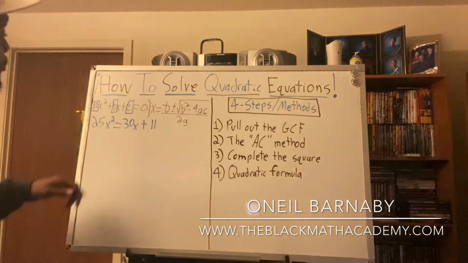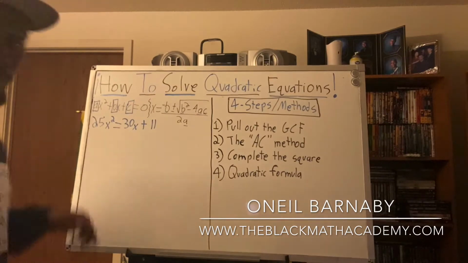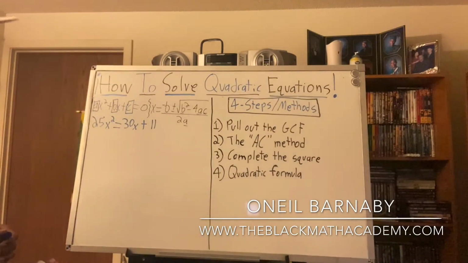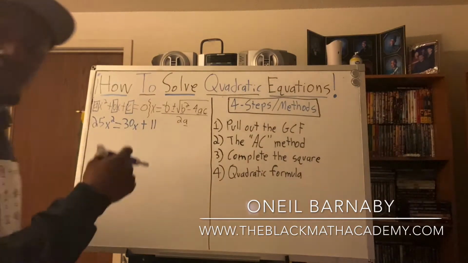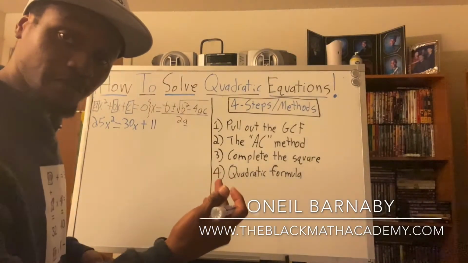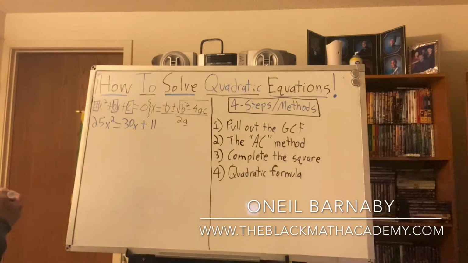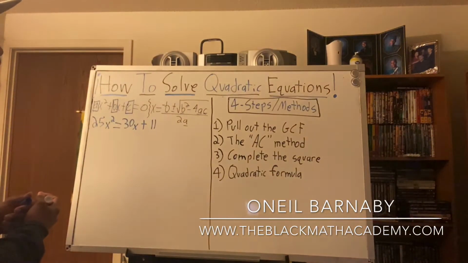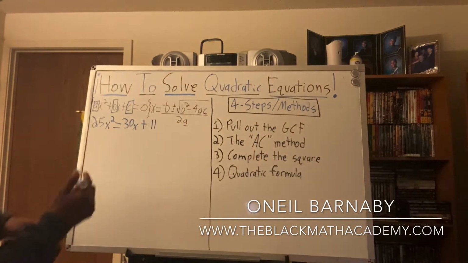We can either move the 25x squared to this side, and the left side will be equal to 0, or we can move the 30x and the 11 to the left side, and the right side would be set equal to 0. It's up to you which way you want to move it. It actually doesn't matter. To keep things as simple as I can, I'll move the 25x squared to this side.